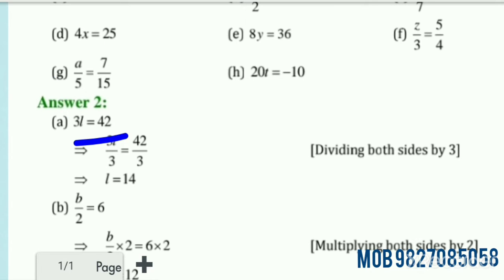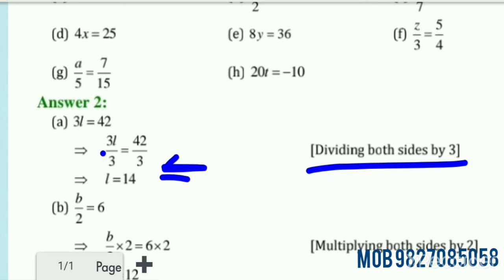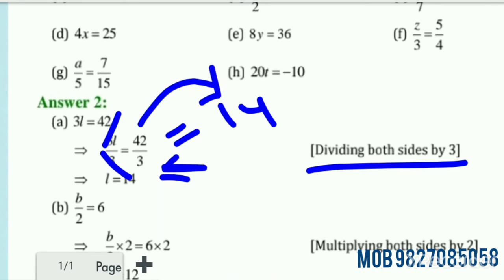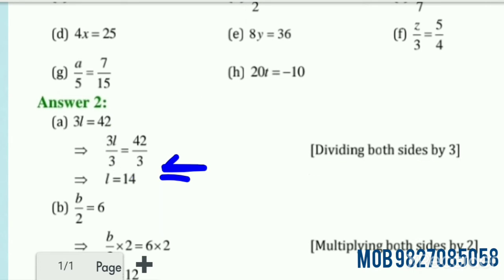Here 3 is in the form of multiply, so the opposite of multiply is division. So we have to divide by 3 on both sides. Now 3 and 3 cancel, and 3 times 14 is 42... so the value of l is equal to 14. This is our answer.